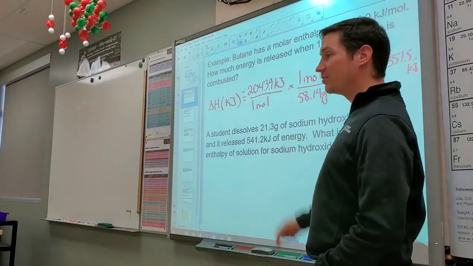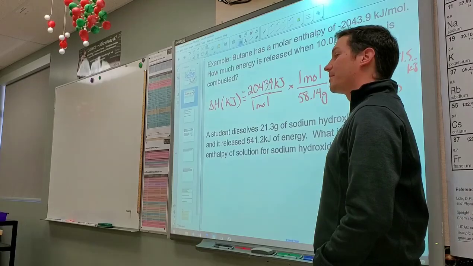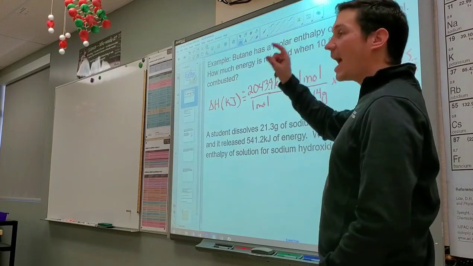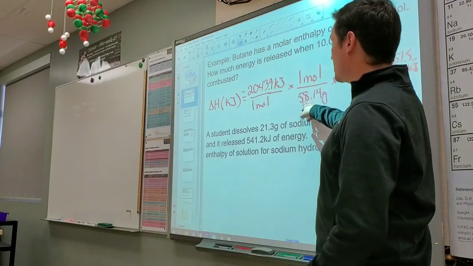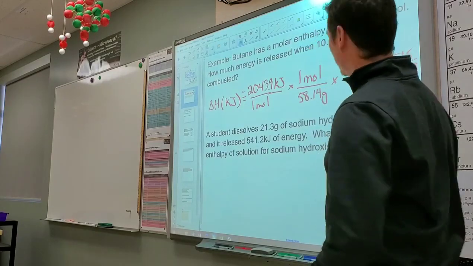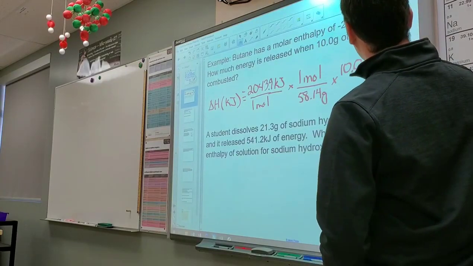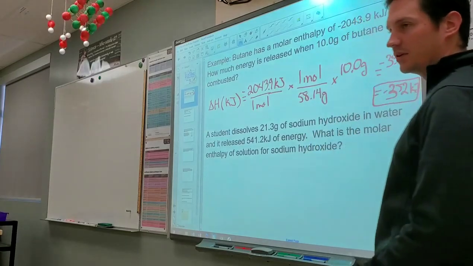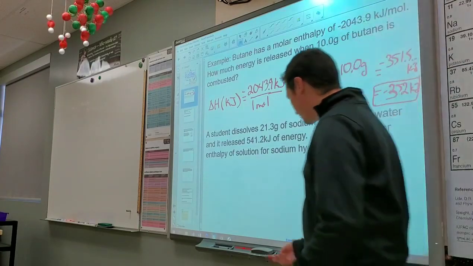No, the 1 mole is a perfect definition, right? In exactly 1 mole, there is approximately 54.18 grams, or 58.14 grams. So 352 kilojoules. That's the worst 352 in the world, but hopefully you understand.